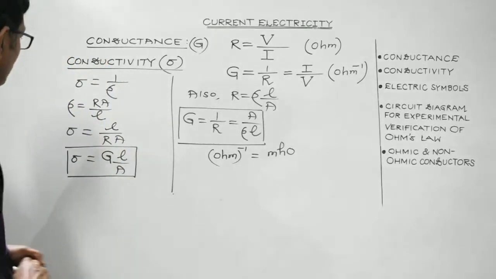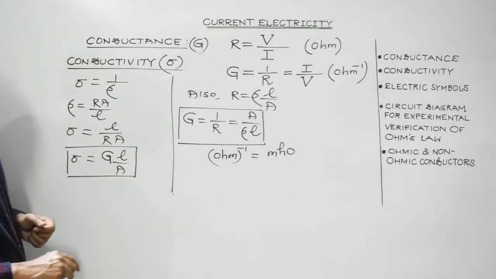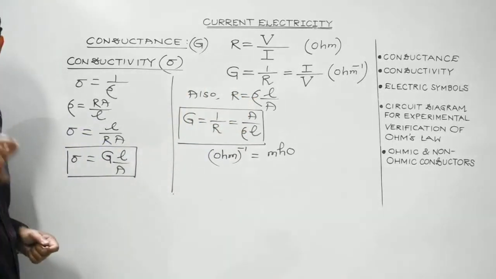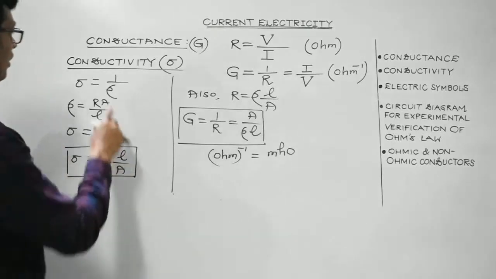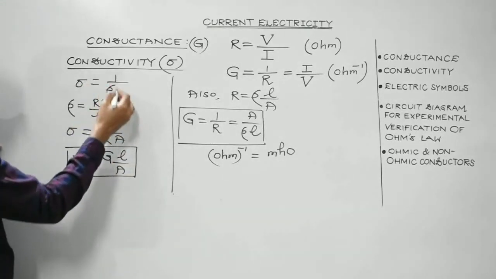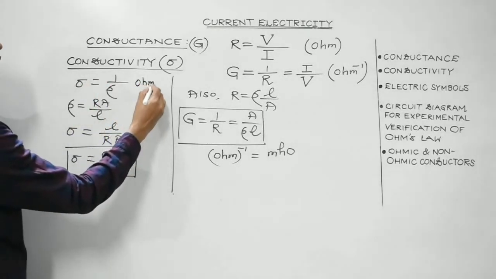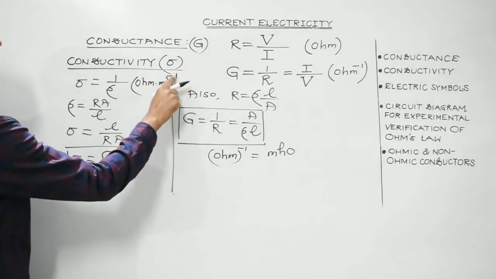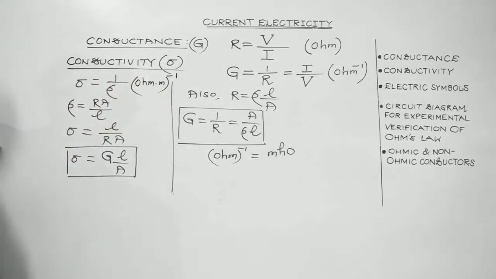Right, students? So regarding its SI unit, you are aware the SI unit of resistivity is ohm meter. So reciprocal of resistivity, that would be ohm meter inverse. Right? This is the SI unit of conductivity.